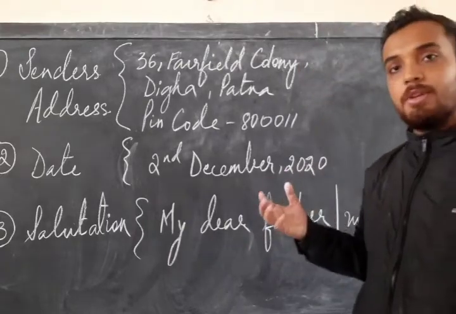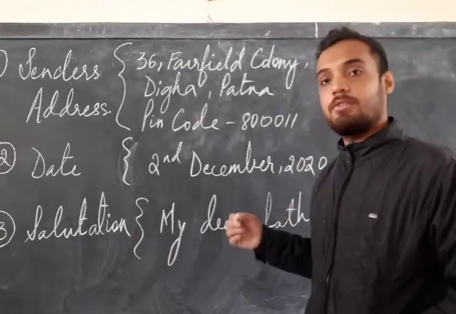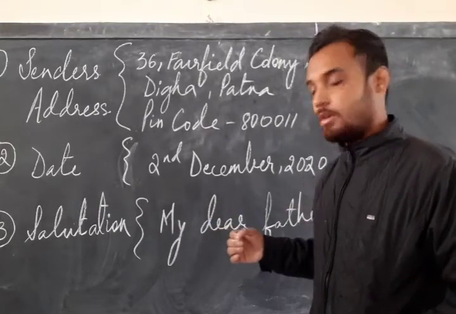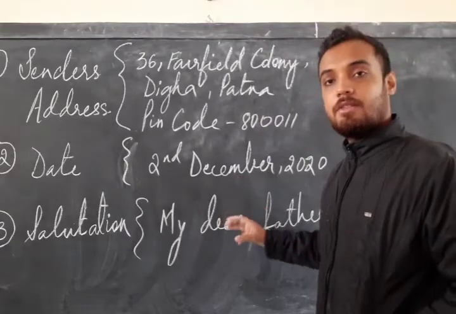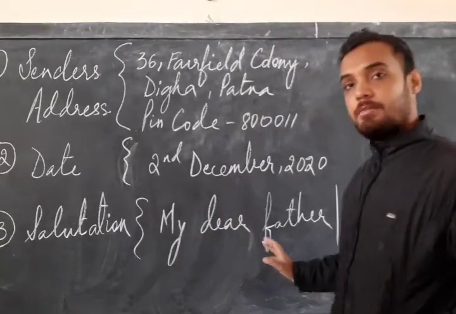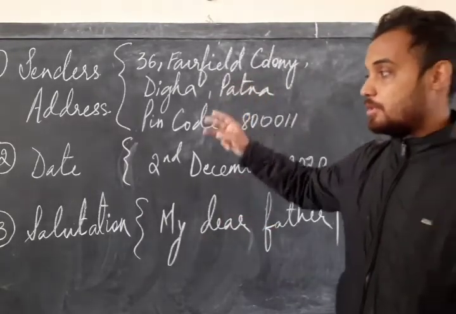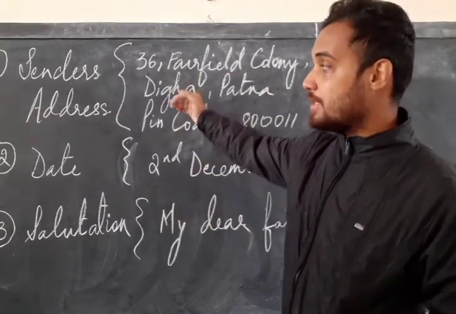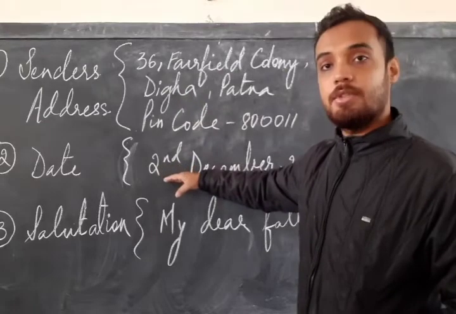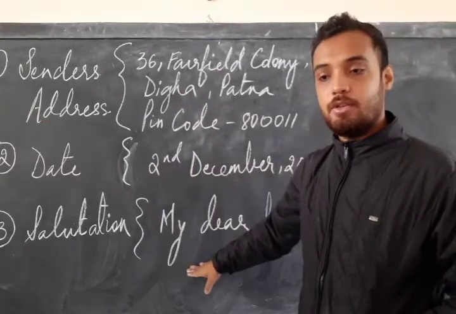But for a formal letter it is different. We write respected sir, respected madam and all. Dear we use for friends and relatives. My dear father, mother. So these are the first three things that you have to mention one by one. First comes the sender's address, then the date, then the salutation.